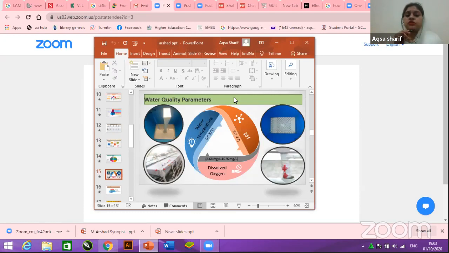These three parameters were maintained during the feeding trial. For example, water temperature of about 20 to 30 degrees Celsius was maintained.